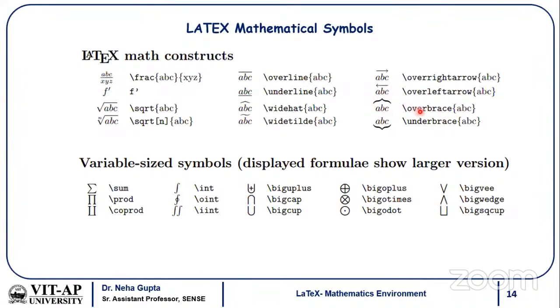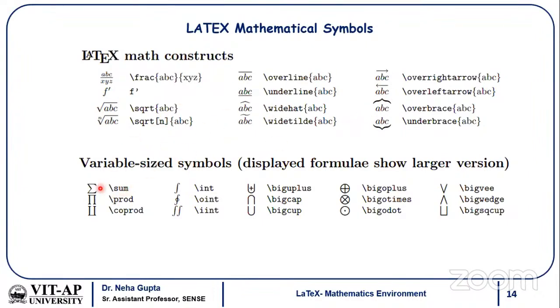Whatever we want to get, sqrt we have already seen to get the square root of abc. If you want to change this, one more command is there. See, sqrt, one square bracket will come. Inside that you can write anything, cube root, if you want to write 4, 5, you can change it easily. For sqrt directly, it gives you the default square root. But if you want anything else, you can use one more square bracket here. So these are a few math constructs.